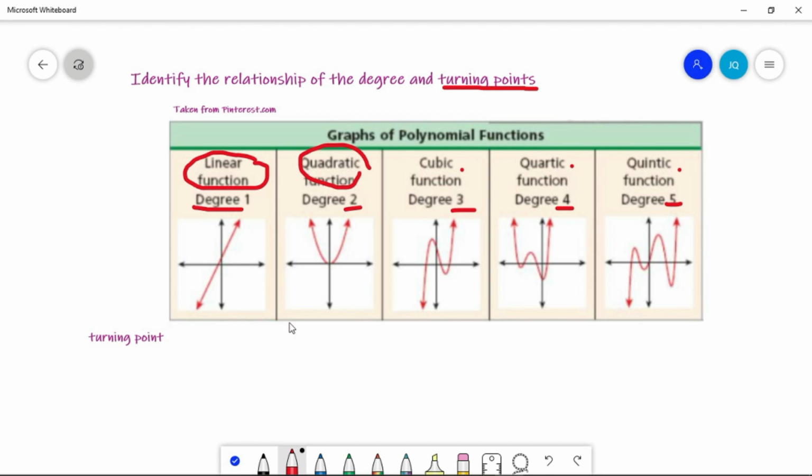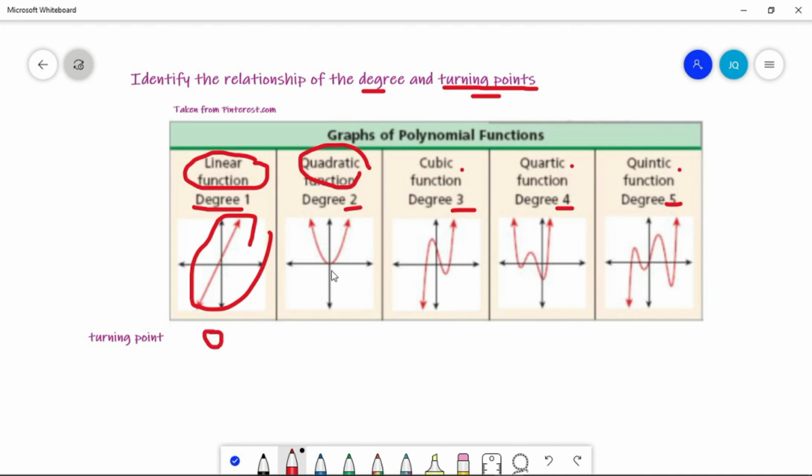So again, now let's look at the graph, because we are going to identify the relationship between the degree and the turning point. So from the graph, if the degree is 1, is there a turning point? Diba? The graph does not bend. It just goes straight. So there's no turning point. So it means the turning point is 0.